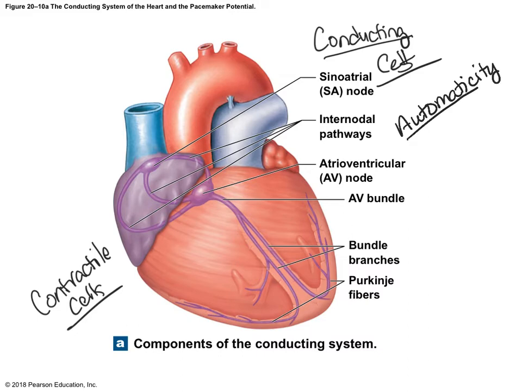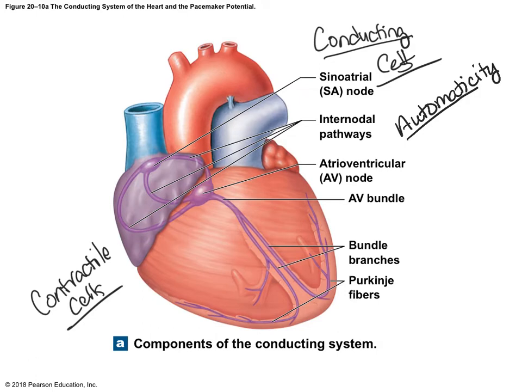An automaticity. This is the ability of the cardiac muscle tissue to contract on its own in the absence of neural or hormonal stimulation. So you might have seen those movies where they take a heart out and the heart keeps beating even though it's outside of the body. It's because of these conducting cells. There are these cells that just conduct and create action potentials on their own.